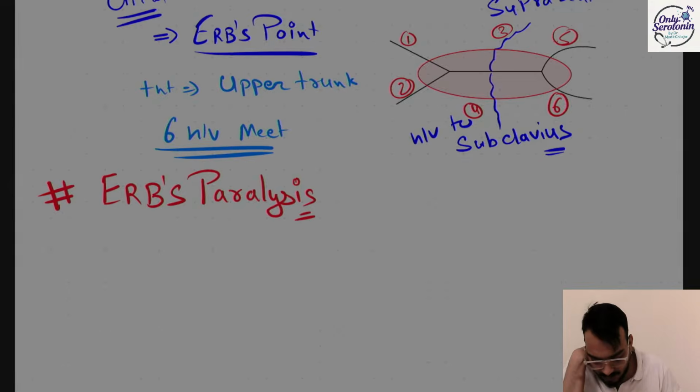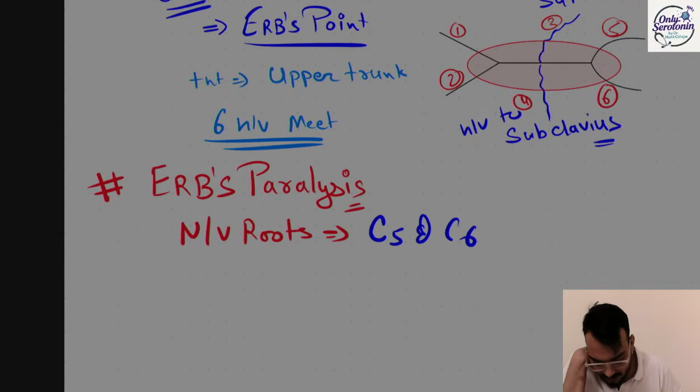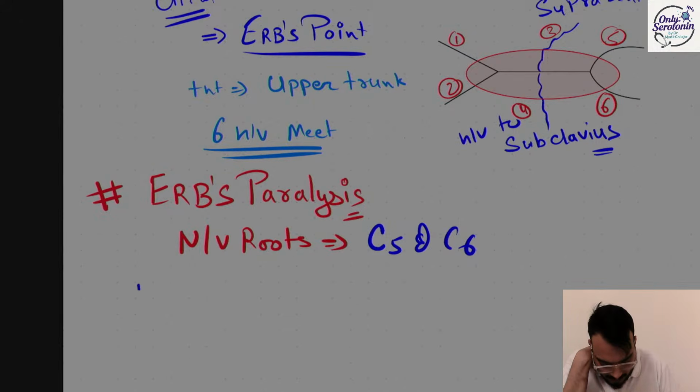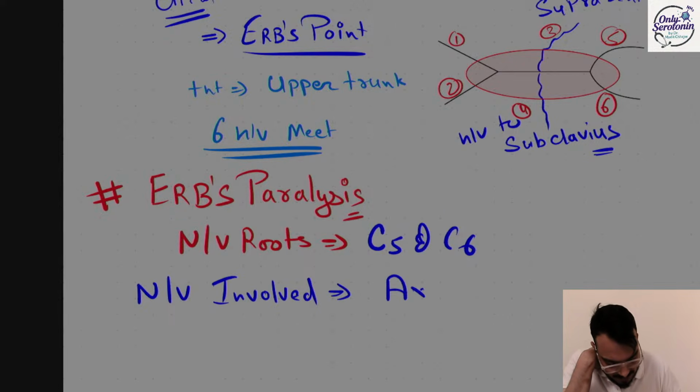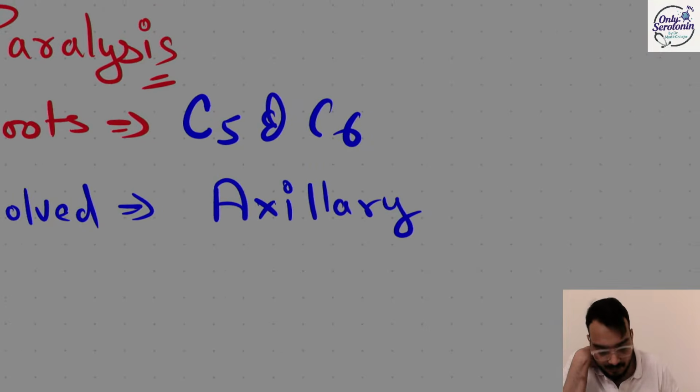The nerve roots which are going to get affected are your C5 and C6, right? The nerves which are involved here are what, guys? We are going to have three nerves.